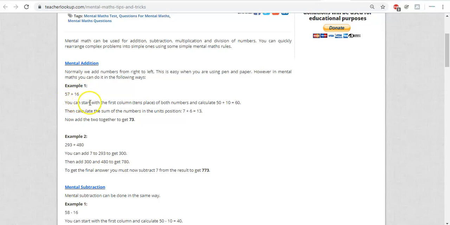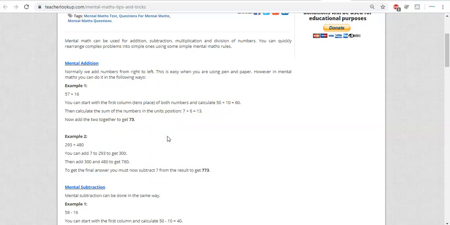You can start with the tens place of both numbers and calculate 50 plus 10 equals 60. Then calculate the sum of the numbers in the units position, 7 plus 6. Now add the two together, so 60 plus 13 gives 73, guys.